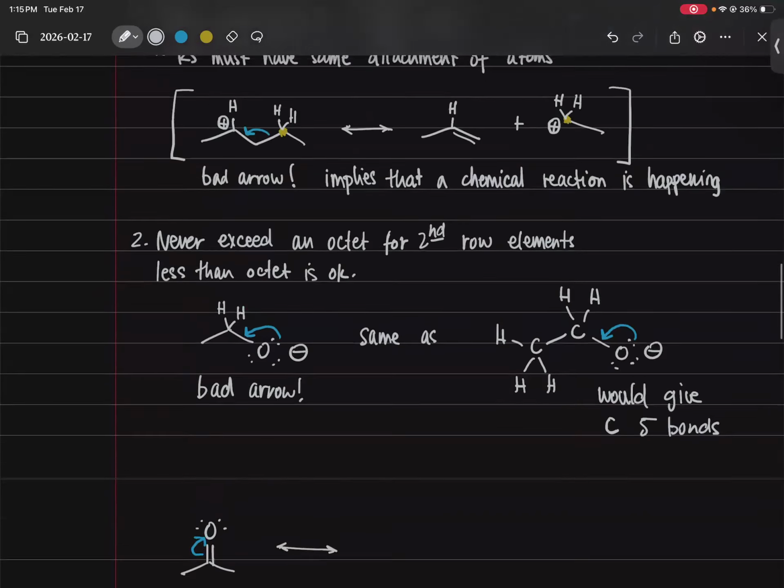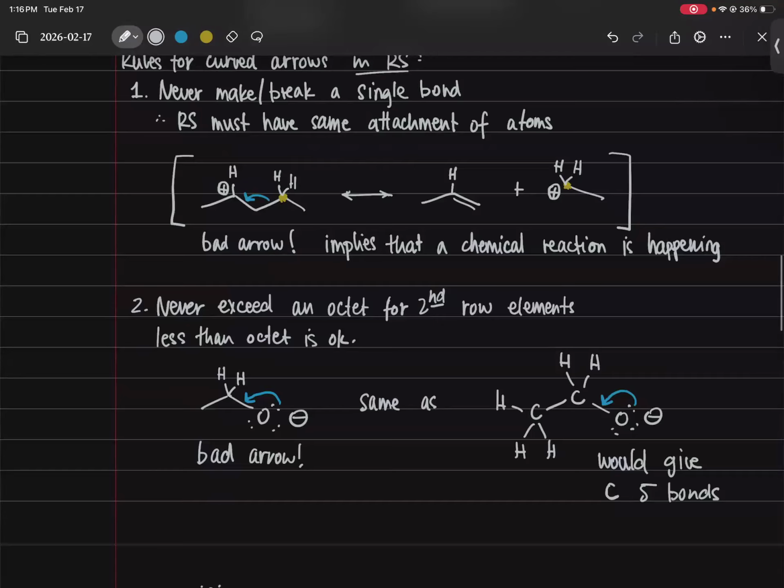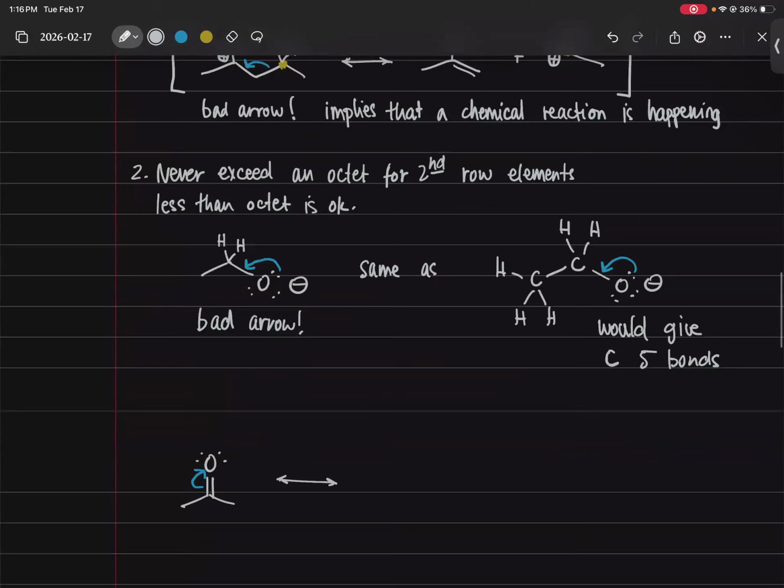Why? Because our 2 rules are satisfied. We're not making or breaking a single bond. We are breaking a bond, but it's the pi bond of a double bond, not a single bond. And we're not exceeding an octet for any second row element.